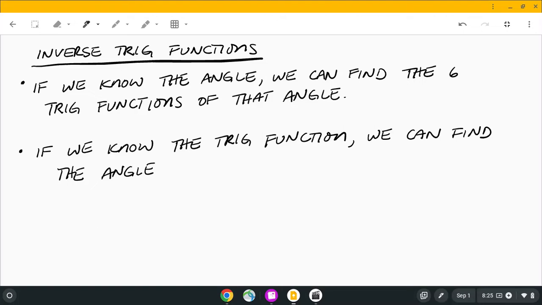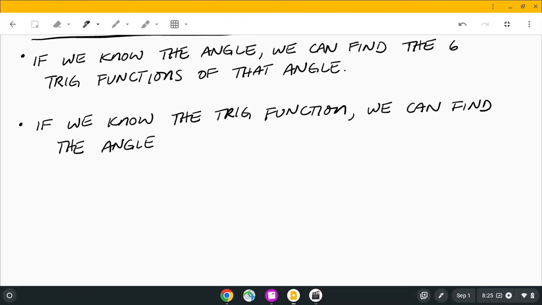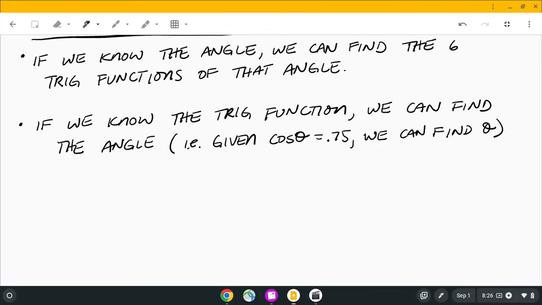So what does that mean? Like if you're given cosine theta, that's one of the trig functions. If you're given that cosine theta is 0.75, then we can actually find that angle, theta. So we can find theta. Okay.